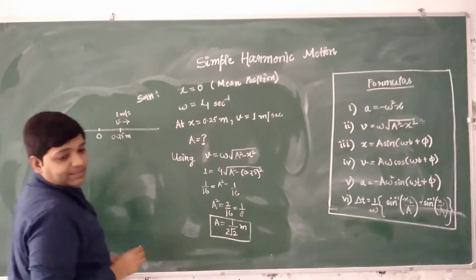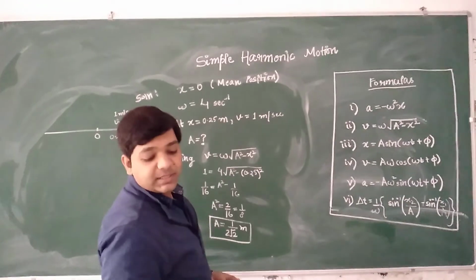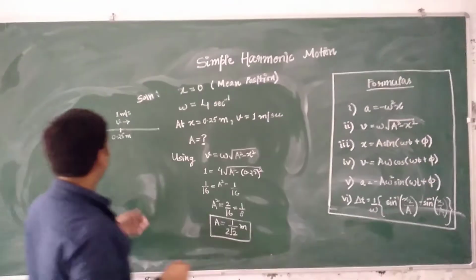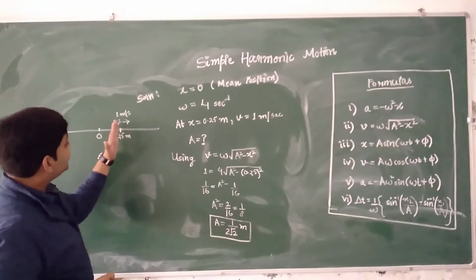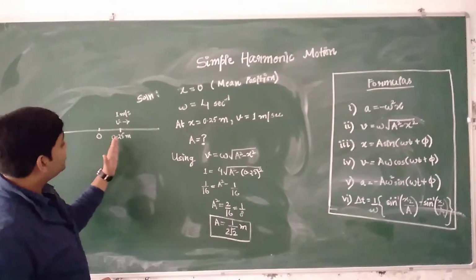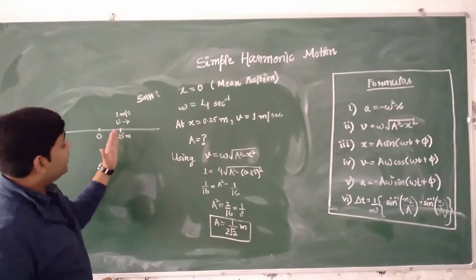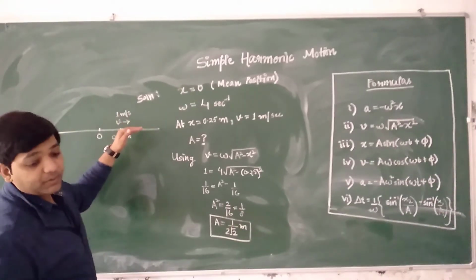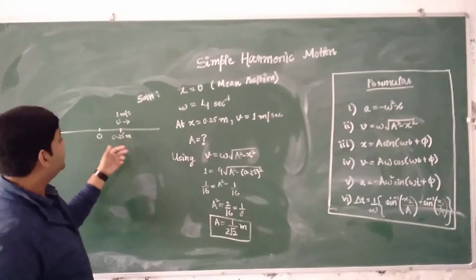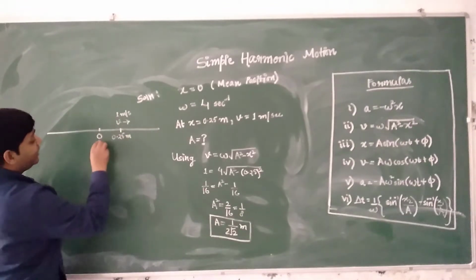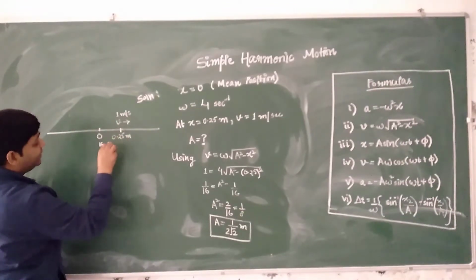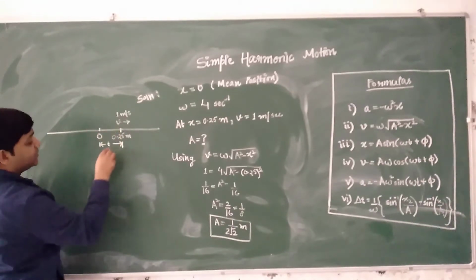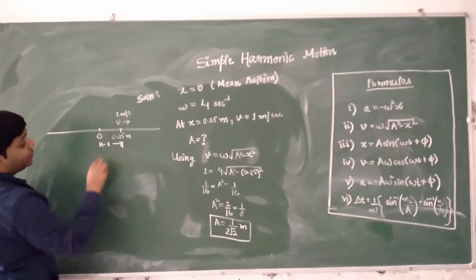Now they are asking us what will be the velocity and x coordinate 2.4 seconds after that moment. That means when the particle has reached here at x is equal to 0.25 meter, what will be the velocity and x coordinate after time 2.4 seconds. So first of all, we need to calculate the time taken by the particle to reach from its mean position to this position. Right? We need to calculate the time.